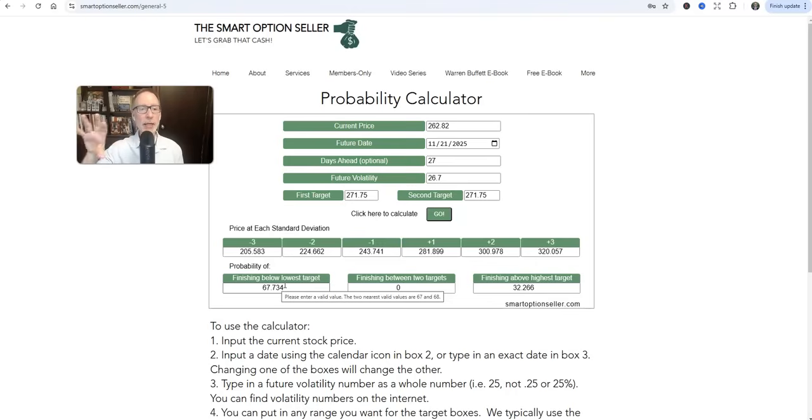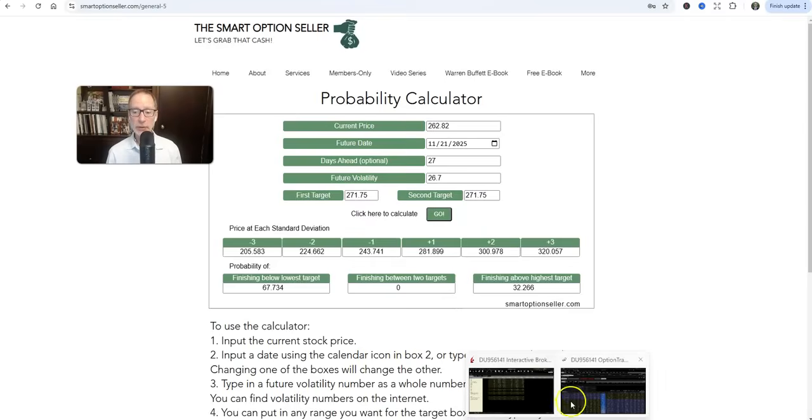So just because you're buying the at the money option doesn't mean that's your chance of winning. You've got to add in your break even point to figure out your actual true probability, and it's right here, 32.26%. Now, if we were to buy that in the money option, let's look at the chain here for a second.